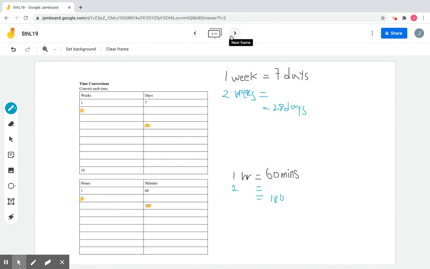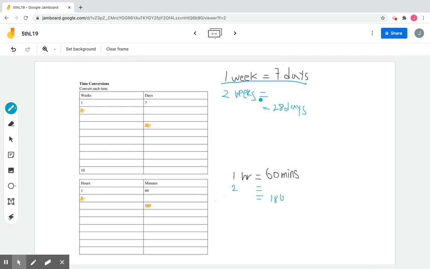So now we're going to convert each time. So first, 1 week is the same as 7 days. And we're gonna determine how many days 2 weeks will be and how many weeks 28 days will be. So 1 week is the same as 7 days.